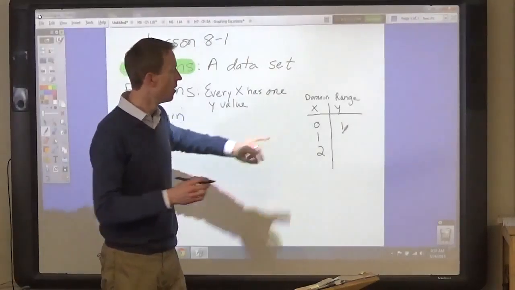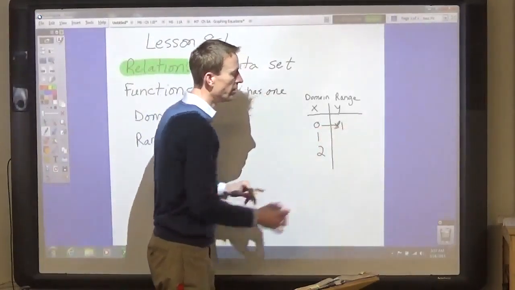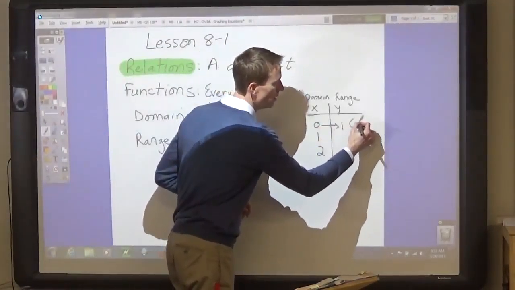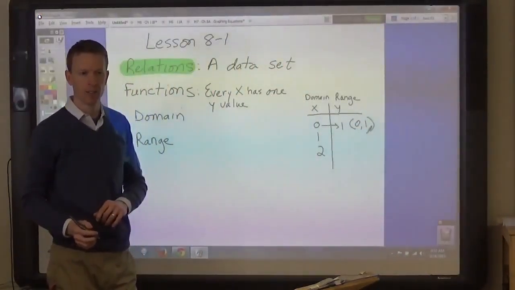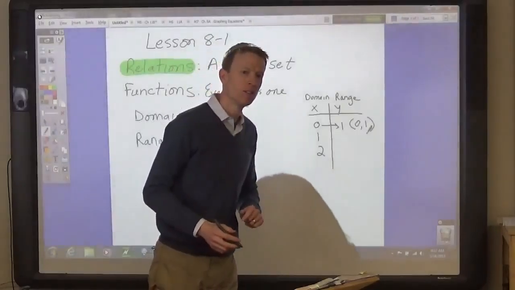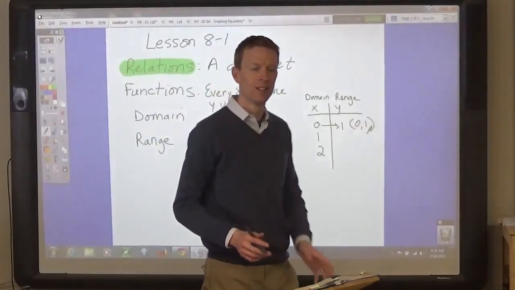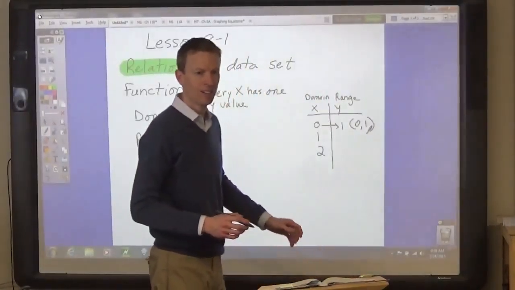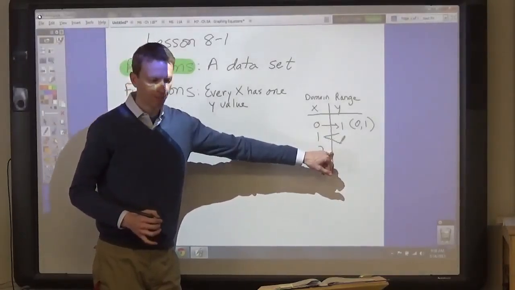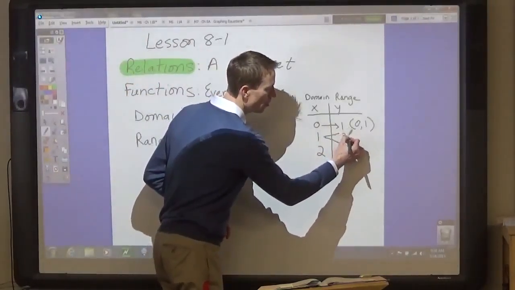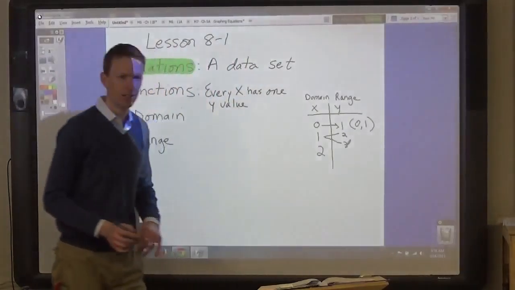All right. So, this would represent point 0, 1 as an ordered pair. Now, if we saw that the number 1 had two values, let's say it had the number 2 and the number 3.